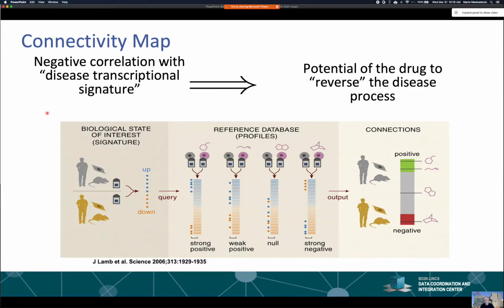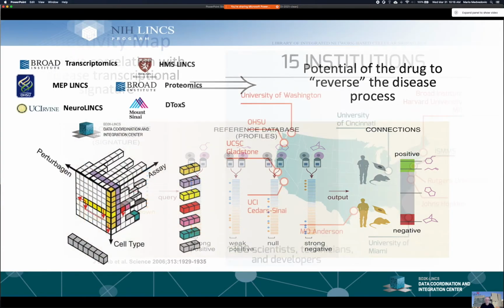And so LINCS represents a scale-up of this idea, right, where we went from a few thousand transcriptional signatures to millions of transcriptional signatures, from 1,000 chemical compounds, here drugs mostly, to tens of thousands of chemicals, and then what is added are disease and also signatures of genetic perturbations of genes.